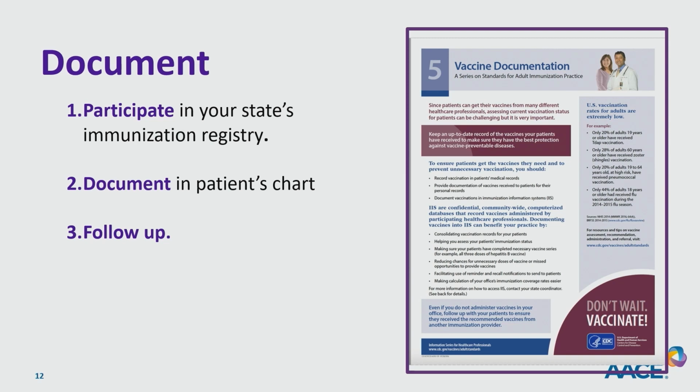That is a requirement of meaningful use in EHR by CMS. Our EHR is supposed to communicate with the state system in a bidirectional manner, which means that if we vaccinate our patients, that information should go to the state. And if a patient receives a vaccine elsewhere, it goes to the state and it goes to our EHR.